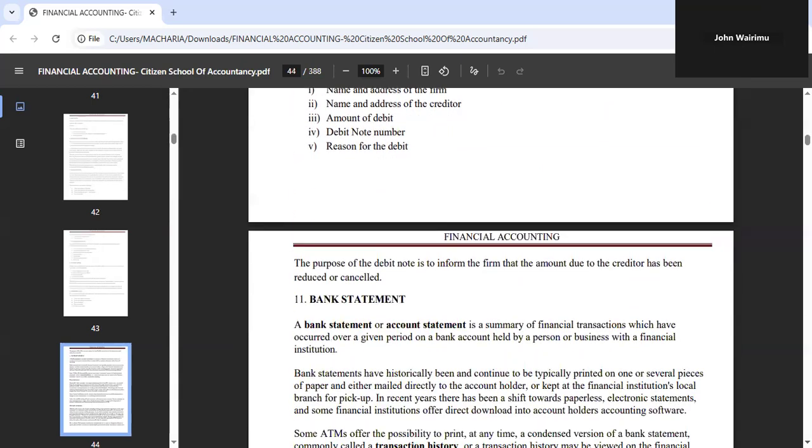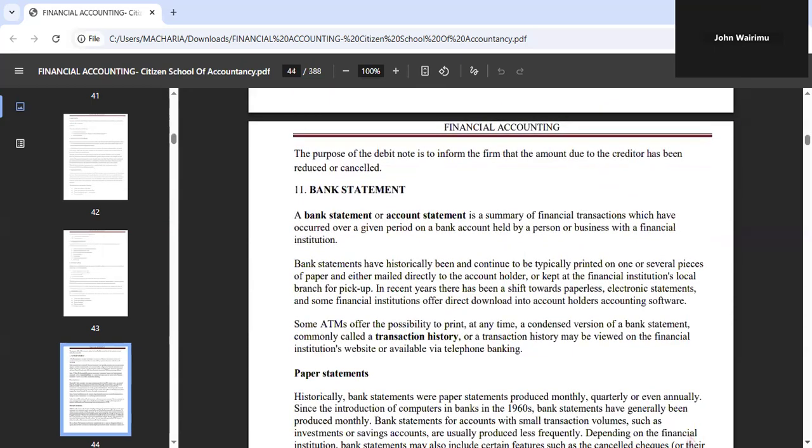Now, of course, in our day-to-day transactions, we have come across bank statements. When you transact with the banks, at the end of the month, you can ask them to give you your bank statements as proof of transactions that have taken place in your account.